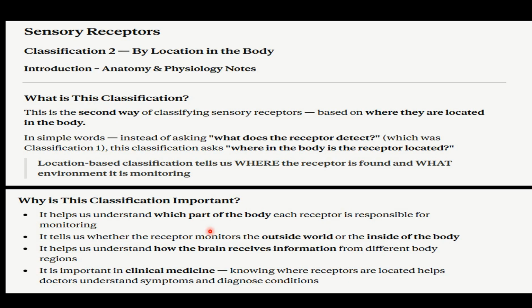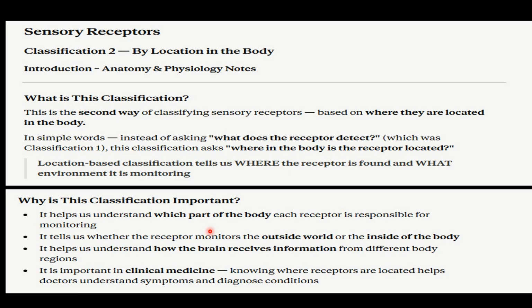The second thing is, it tells us whether the receptor monitors the outside world or the inside of the body. It also helps us understand how the brain receives information from different body regions.